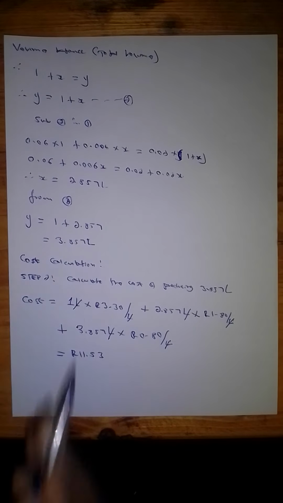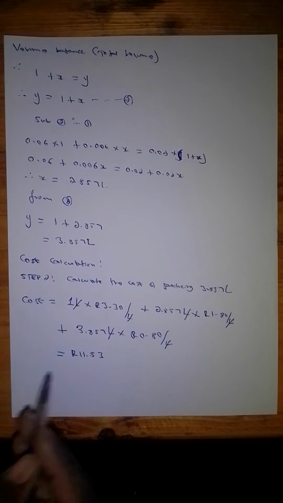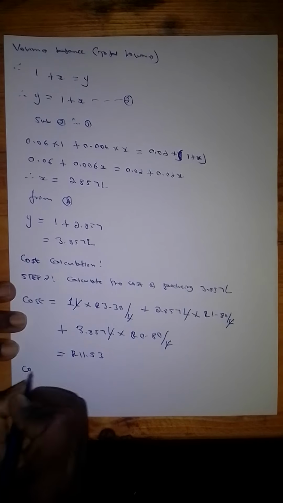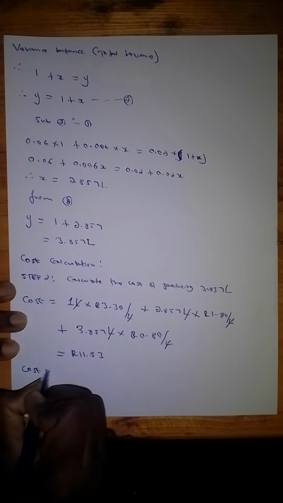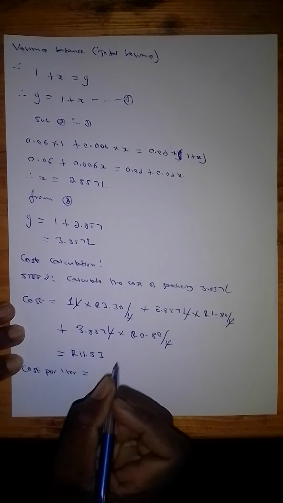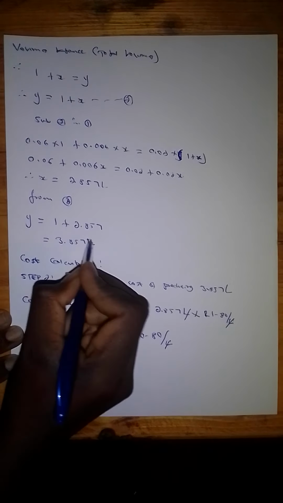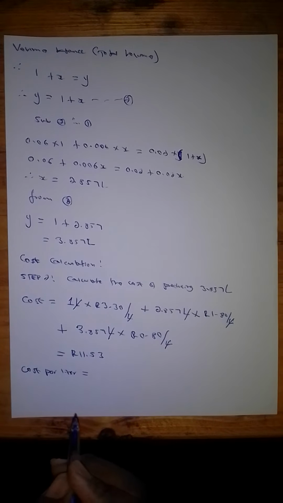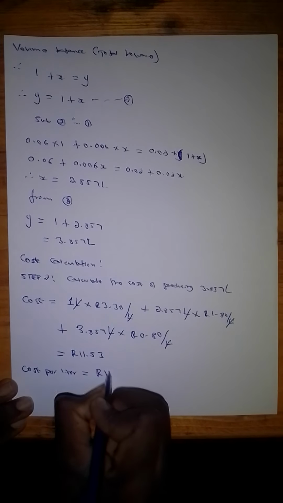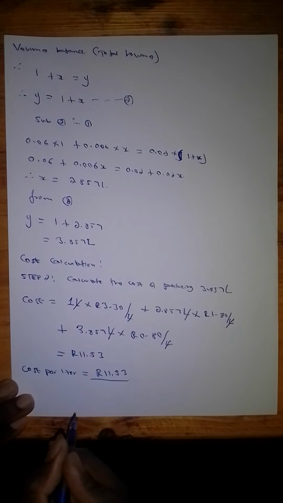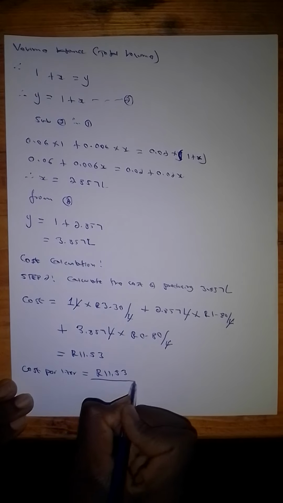So now to calculate the cost per liter, we can say cost per liter equals the total, 11.53, all over the total volume.